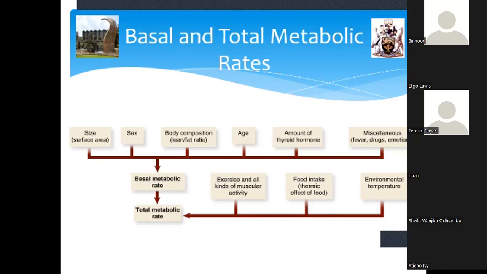And then we also have environmental factors, environmental temperature, also contributing to the total metabolic rate. So again, you can see the differences between the factors that contribute to the basal metabolic rate, which is size, sex, body composition, age, thyroid hormone, and other miscellaneous factors, while we have exercise, food intake, and the environment contributing to the total metabolic rate.